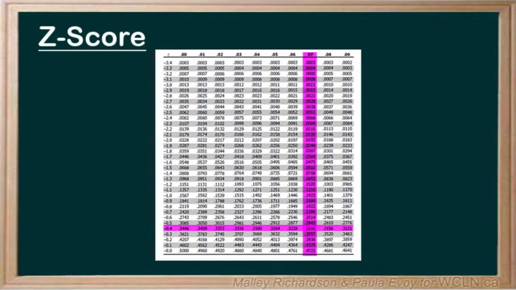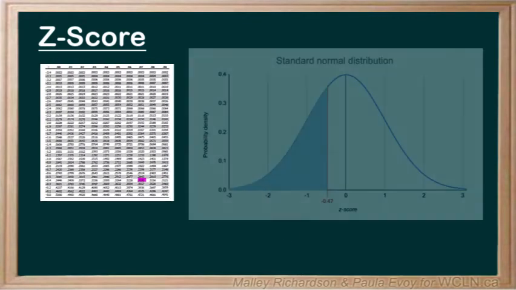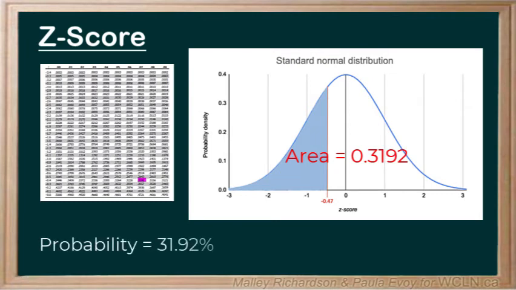So we go to 0.07 in the top row and find the corresponding area. A z-score of negative 0.47 has an area of 0.3192, or a probability of 31.92%. And again, the more mathematically correct way to say this is the proportion of z less than negative 0.47 is 0.3192.